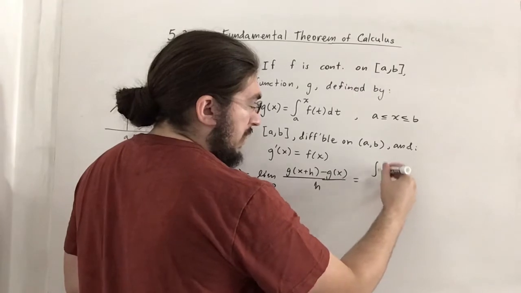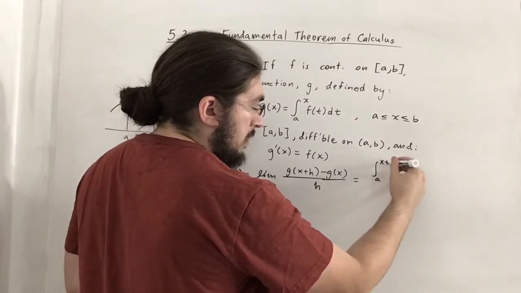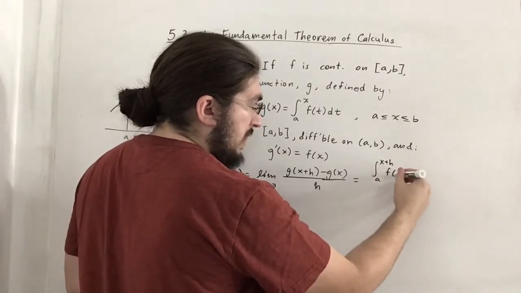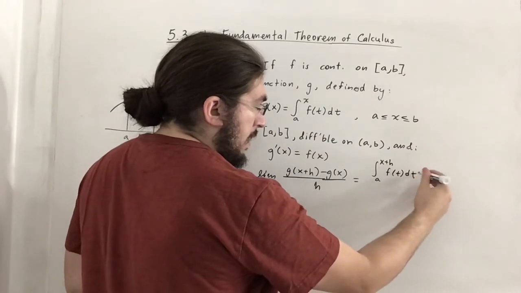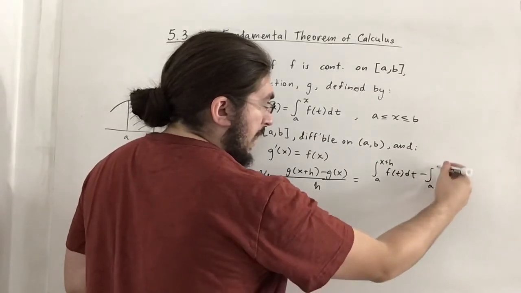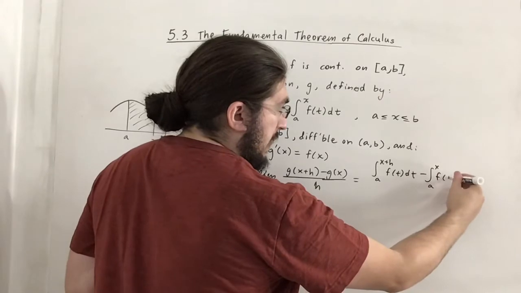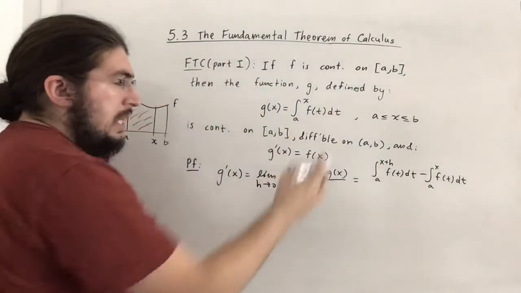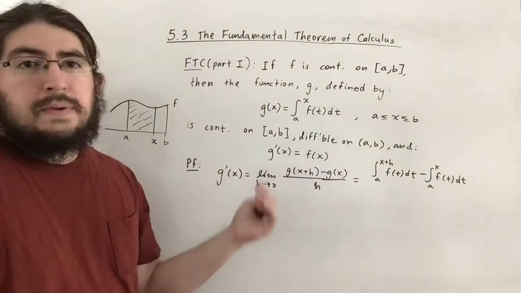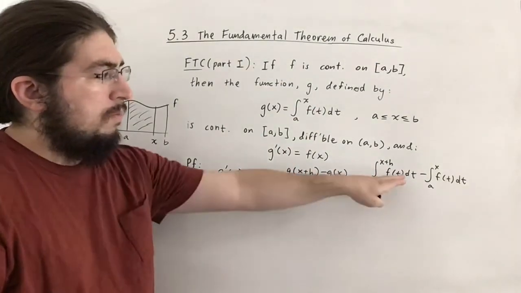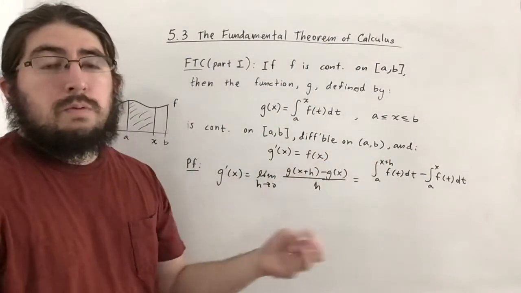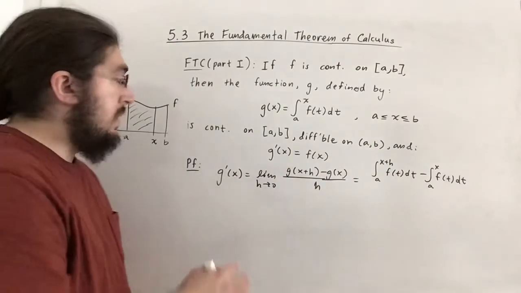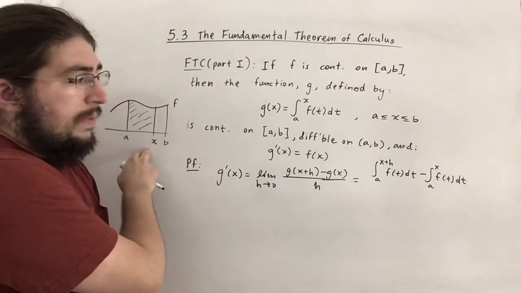So notice g of x plus h and g of x. G of x plus h is the integral from a to x plus h of f of t dt, minus the integral from a to x of f of t dt. Now you'll notice here that we're not using x's in the integral, we're using t. This t is what is known as a dummy variable because the integral will represent the area under the curve, but it's going to be in terms of x actually.